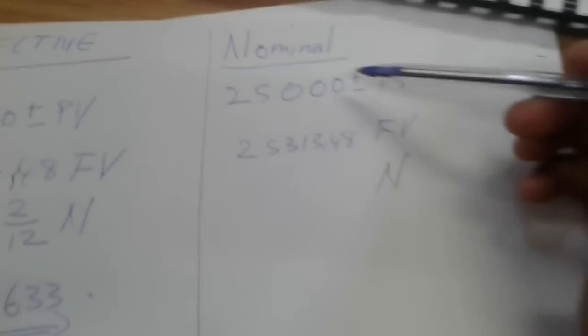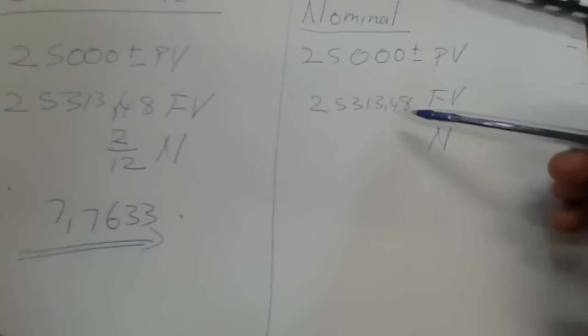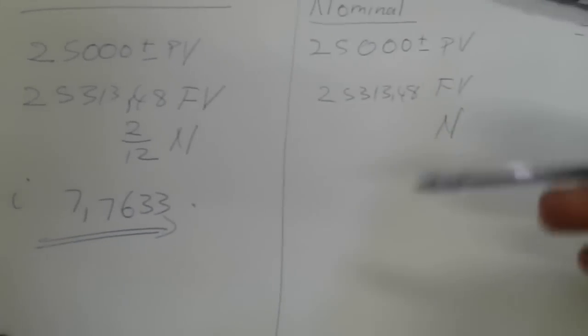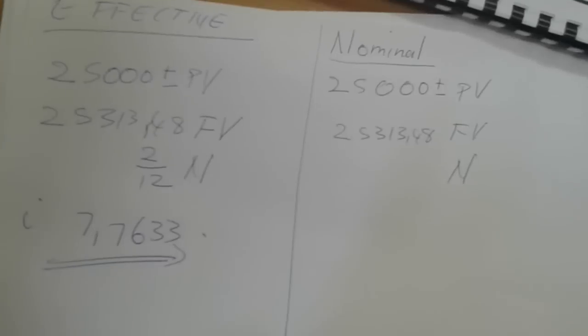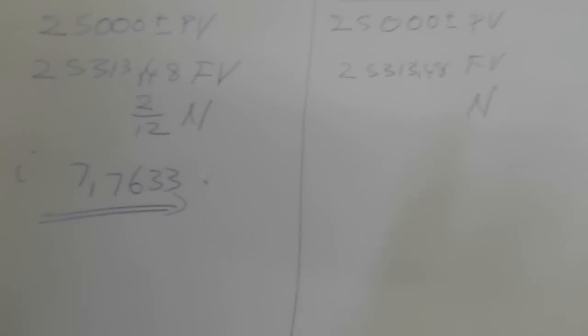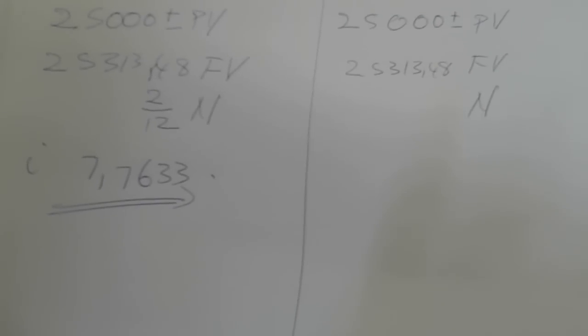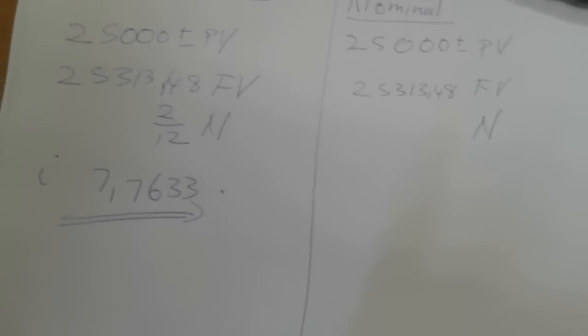Now your N is going to change. Remember, a nominal rate can be compounded monthly, 2 monthly, whatever. It is the advertised rate. So in our case, our nominal rate is compounded monthly. Now tell me, how many months are there between our PV and our FV? It is 2 months, right? Good. But our rate is compounded monthly, so how many compounds are there in 2 months?